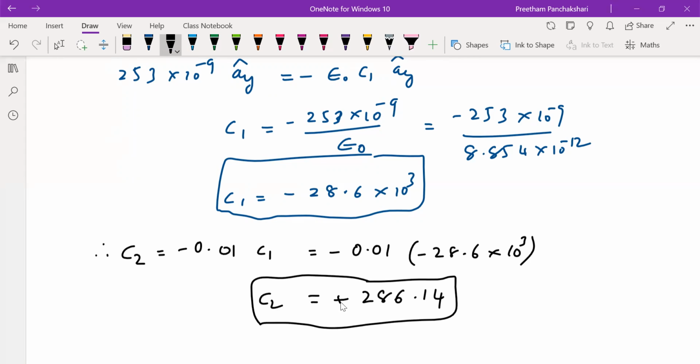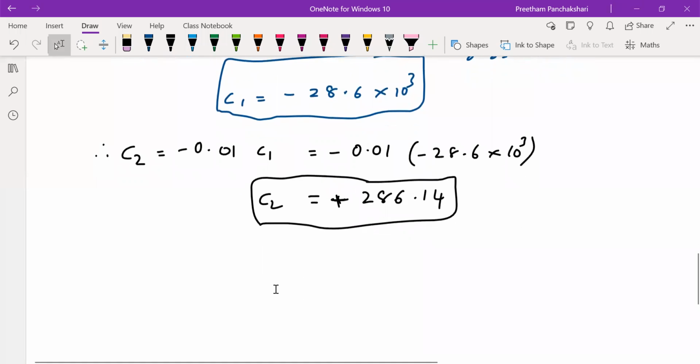C2 is a positive value because of minus into minus plus. So C1, C2 are calculated from the given value.